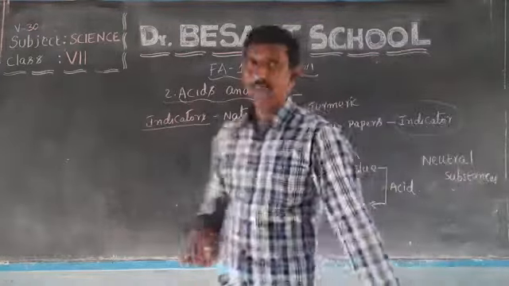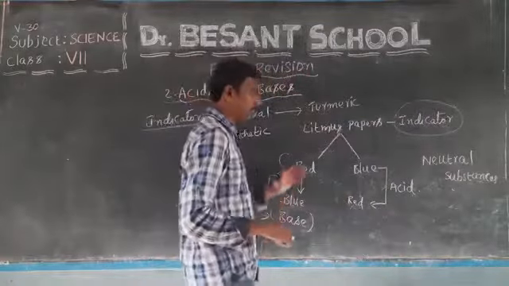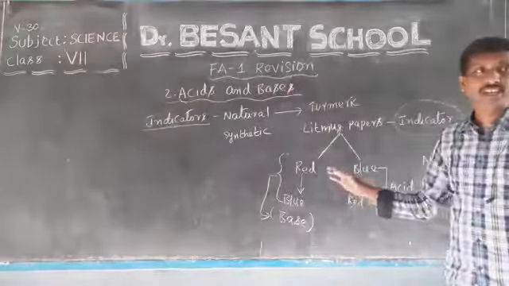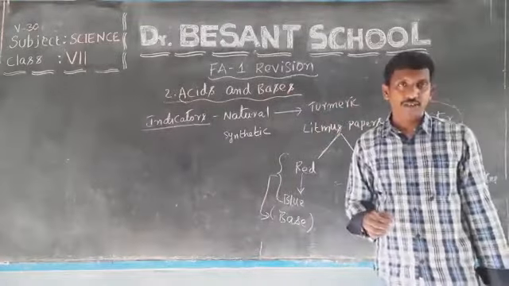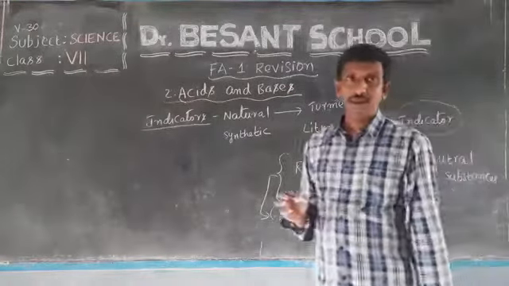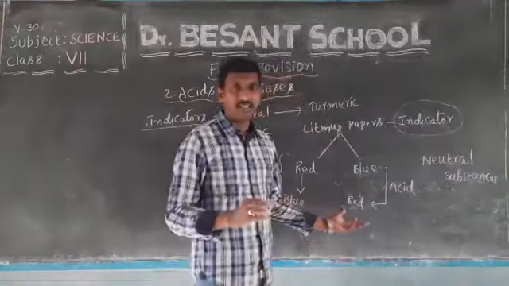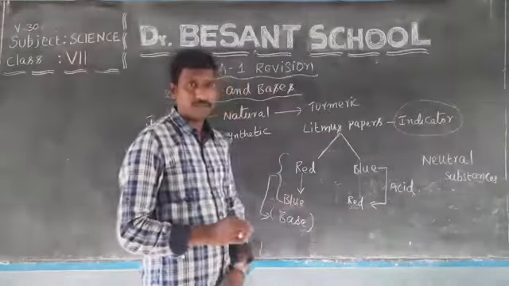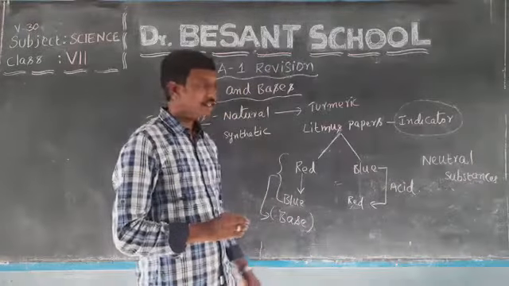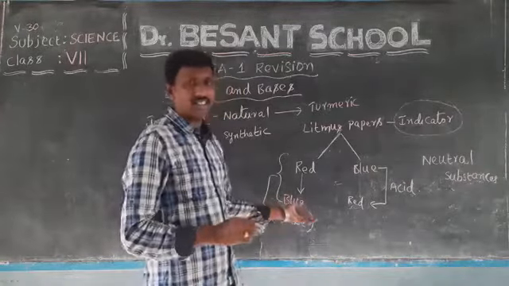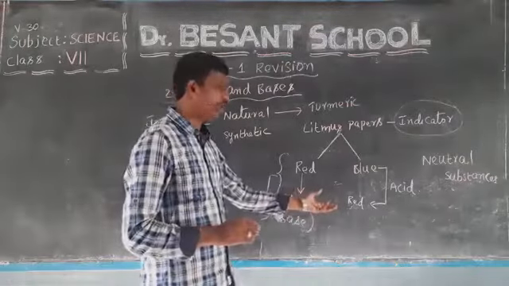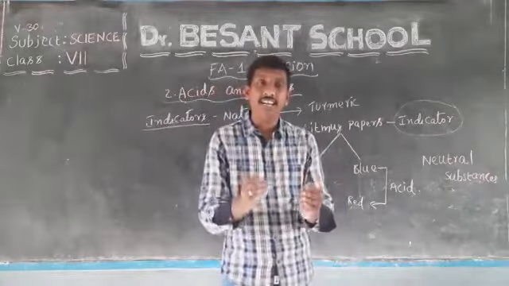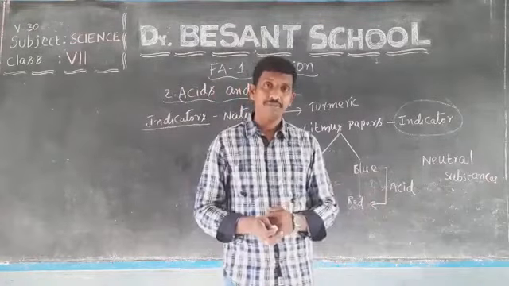So one can distinguish a substance as acid, base or neutral depending upon the change in the color of the indicators. And I already told you that generally we speak of acids as substances which produce H plus ions in their aqueous solution.